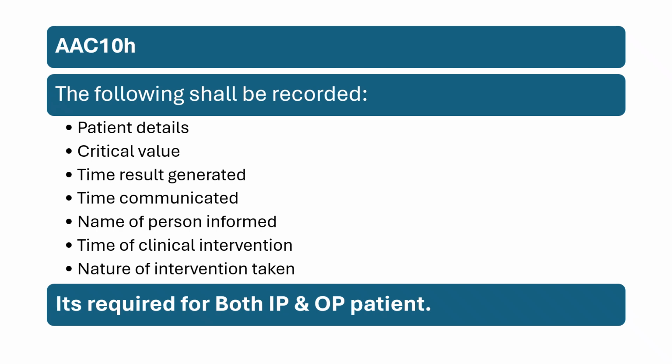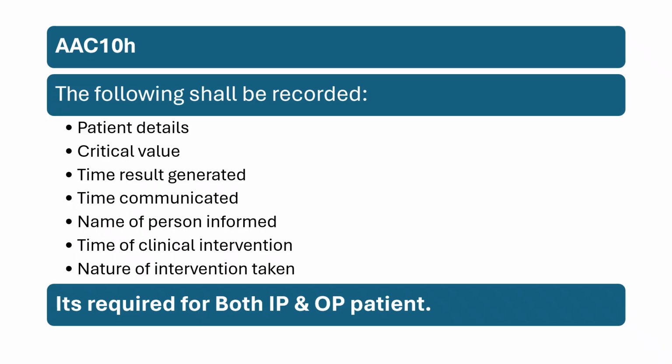Next is that AAC-10 has the next objective element, which says the following requirements should be recorded in the patient file. So this is like: critical value should be informed, and intervention needs to be taken on the critical value. So what is required to be recorded in the patient file? The patient file should have the patient details, critical value, time results generated, time communicated, name of person informed, time of clinical intervention and nature of intervention taken.